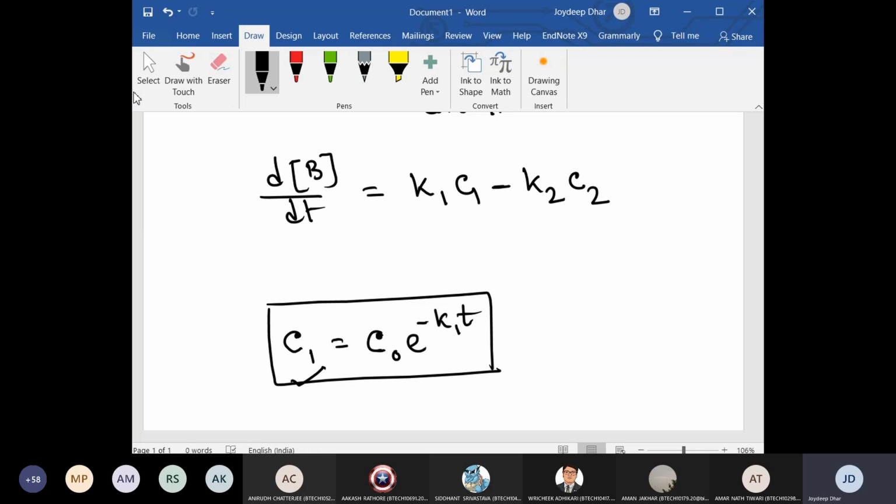C1 is the concentration of A and C2 is the concentration of B at a particular time.